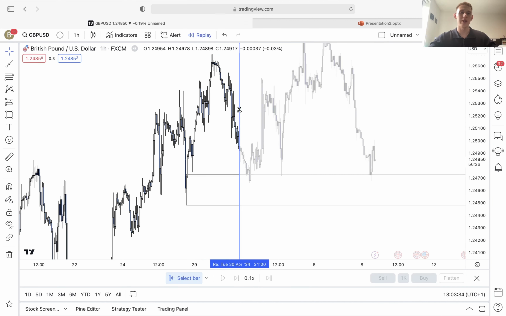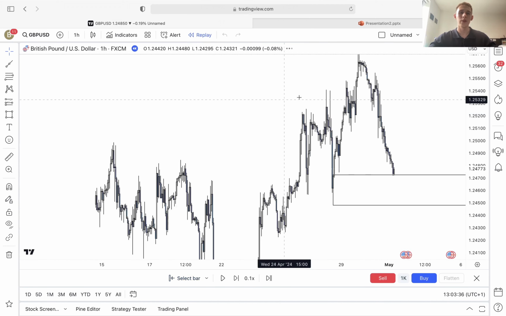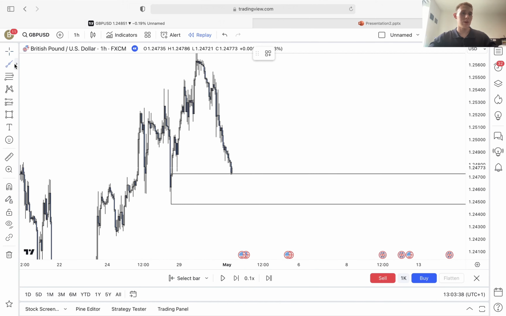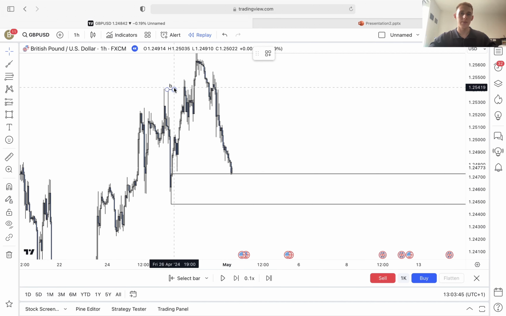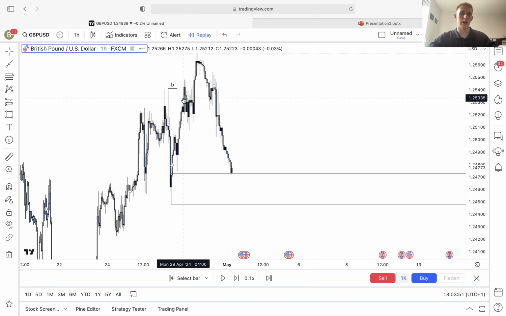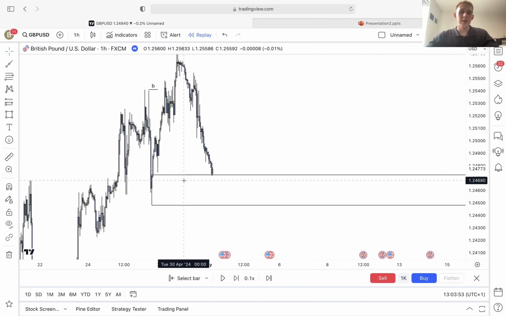So let's go through this recent example from last week. So remember, in this case, we were looking at this trend where we've had an hourly break of structure just here. This was the area of demand that we had identified for a potential buy position, but we don't just want to set a limit on this area.